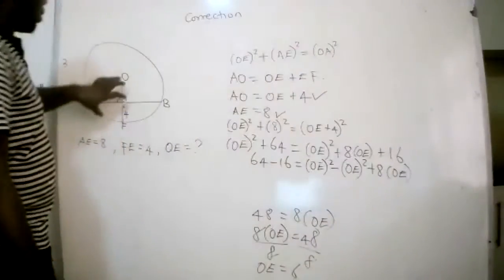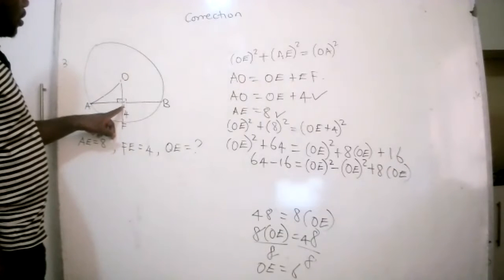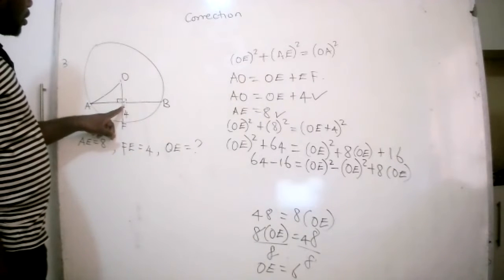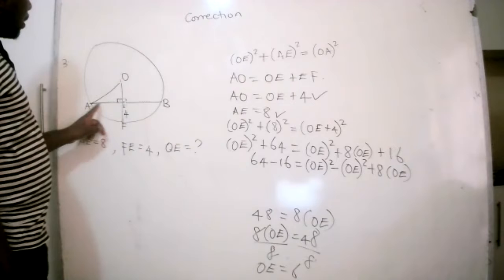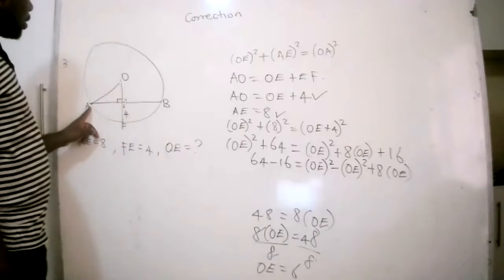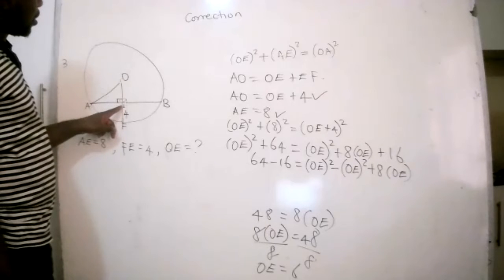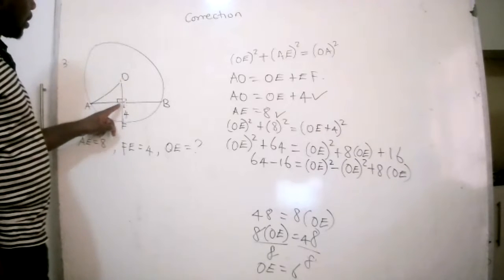So we have this: OE squared plus AE squared equals OA squared, of which OA is the same as OE plus EF.